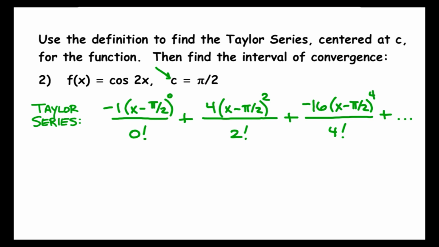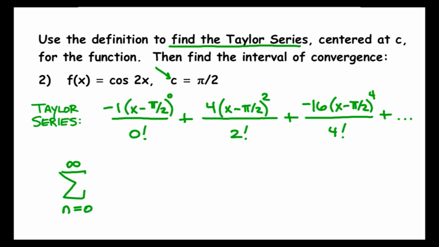So that's the first thing that we wanted, was to find the Taylor series. I am going to write it as a sum as well, just like I did in example number 1. So here's your sigma. Again, just like before, we're going to take it from 0 to infinity. 0 is the index.